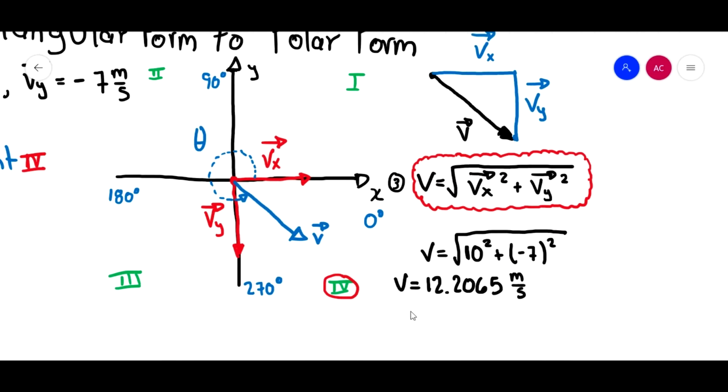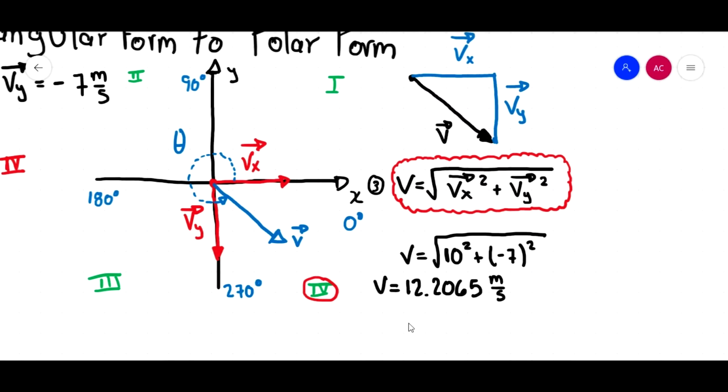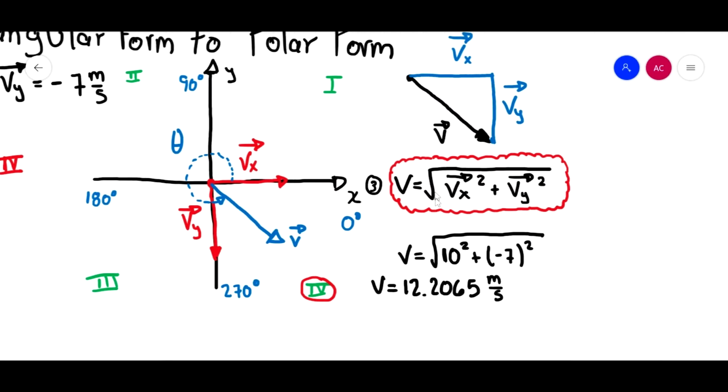Remember that this is only the magnitude. If I'm writing the magnitude, that means that it's not a vector. Remember that in order to be a vector, I need the direction. And one important thing: the hypotenuse, or the magnitude of the vector, cannot be negative. I'm going to write it here so you can have it in your notes.